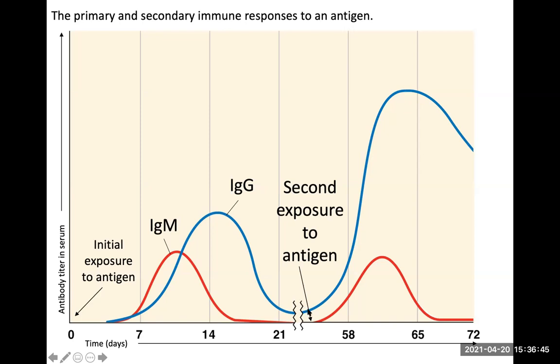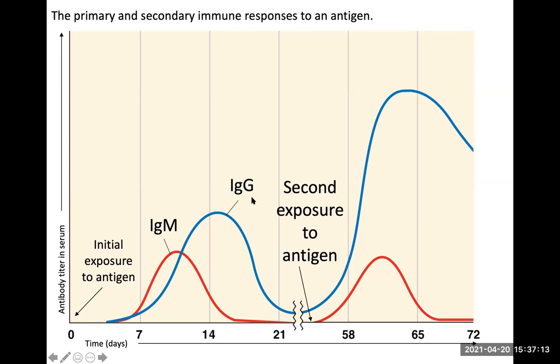Now your memory B cells and T cells are going to instantly respond, and look at that level of IgG. You get more than twice the amount and so quickly. Your IgM still responds and it looks pretty much the same as the first time. Nothing impressive. It's really the IgG that is impressive.